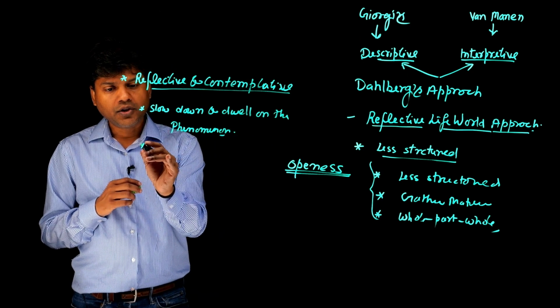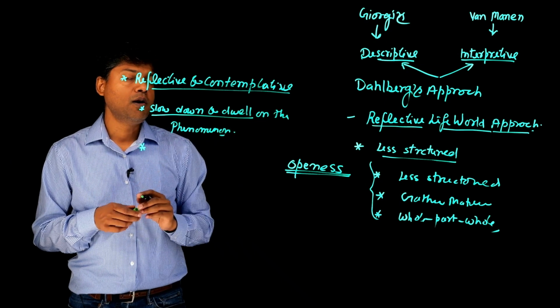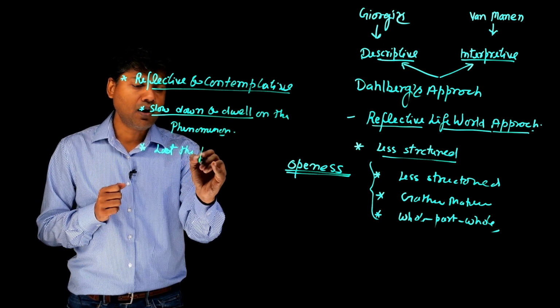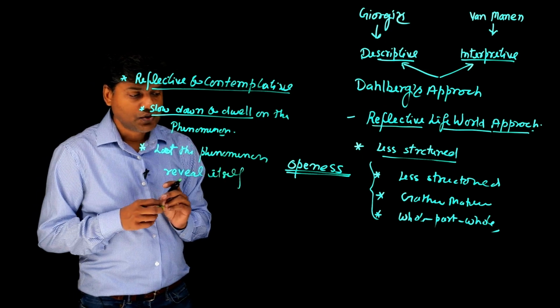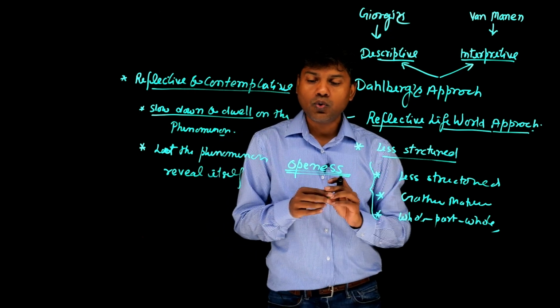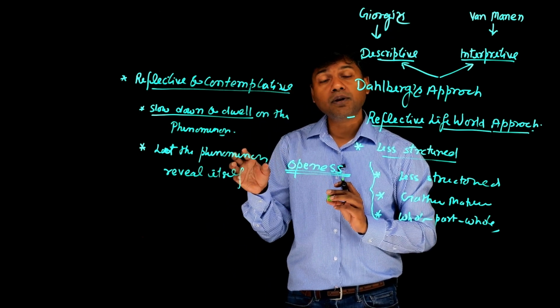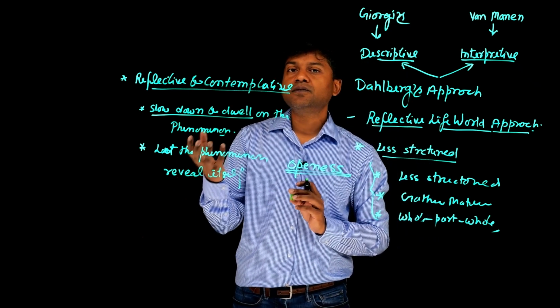They also argue that as you slow down and dwell on the phenomenon, it helps you let the phenomenon reveal itself to the researcher. So the phenomenon, whatever it is you are trying to understand and explore, when you dwell, when you spend time, when you are being contemplative and reflective, the phenomenon reveals itself to you.